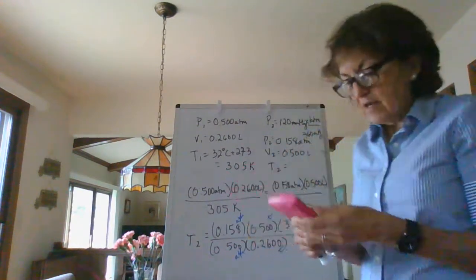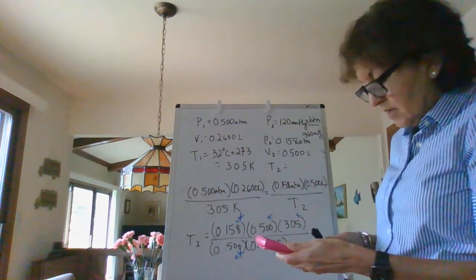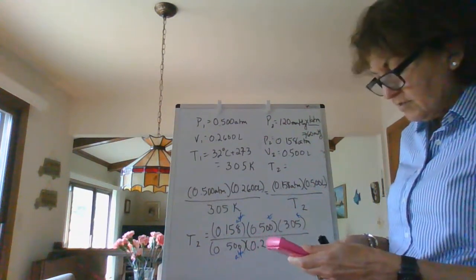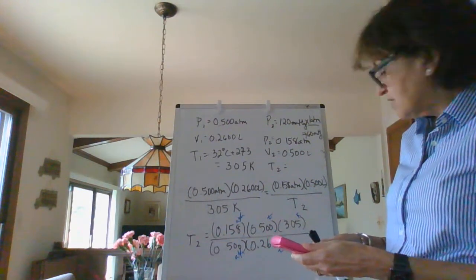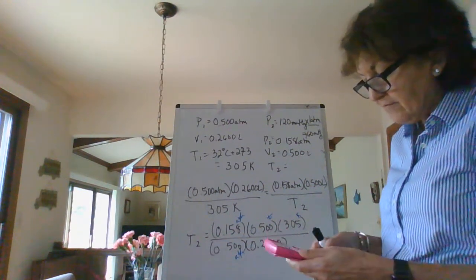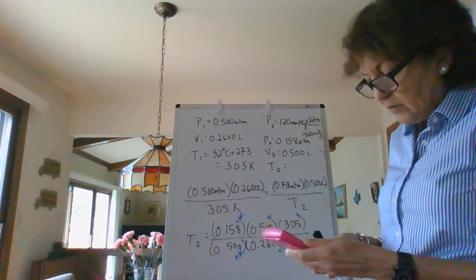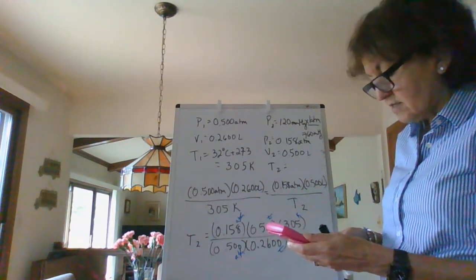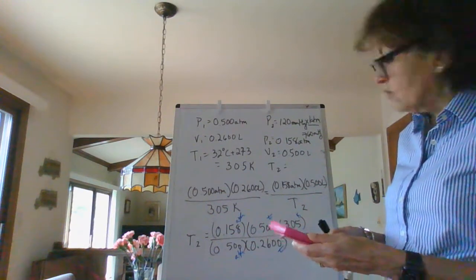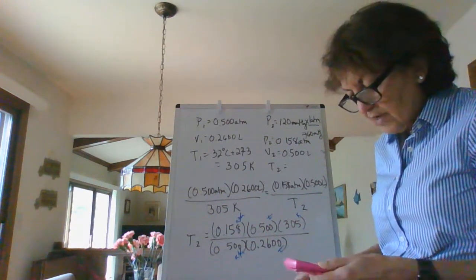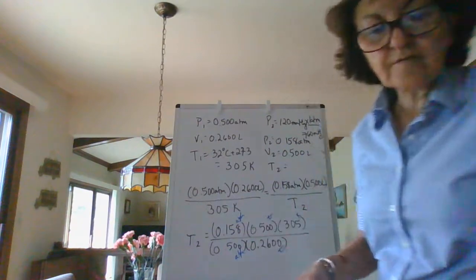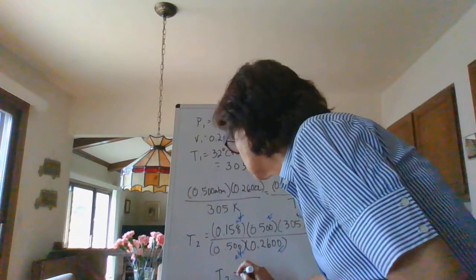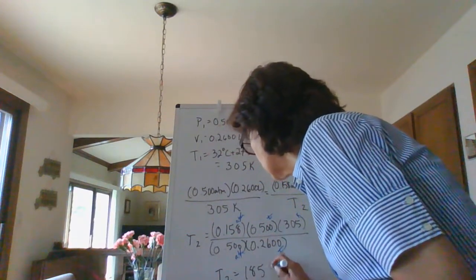So plugging it into our calculator, 0.158 times 0.5 times 305 divided by 0.5 divided by 0.260 equals 185 Kelvin. So T2 is equal to 185 Kelvin.